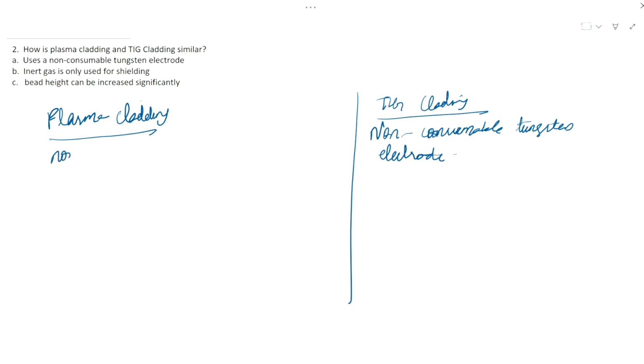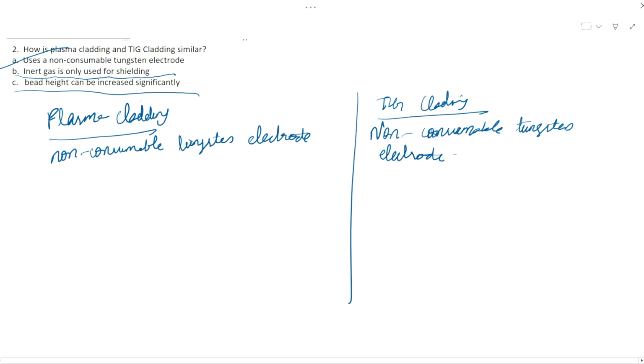Now this also uses a non-consumable tungsten electrode. So the first, now inert gas is only used for shielding. Bead height can be increased significantly.